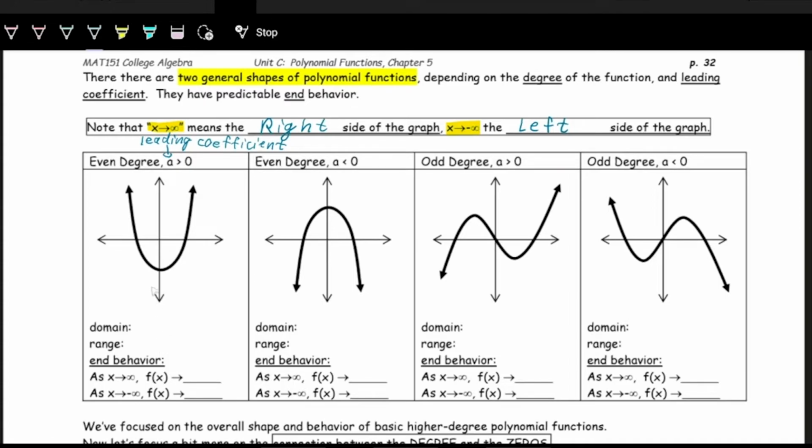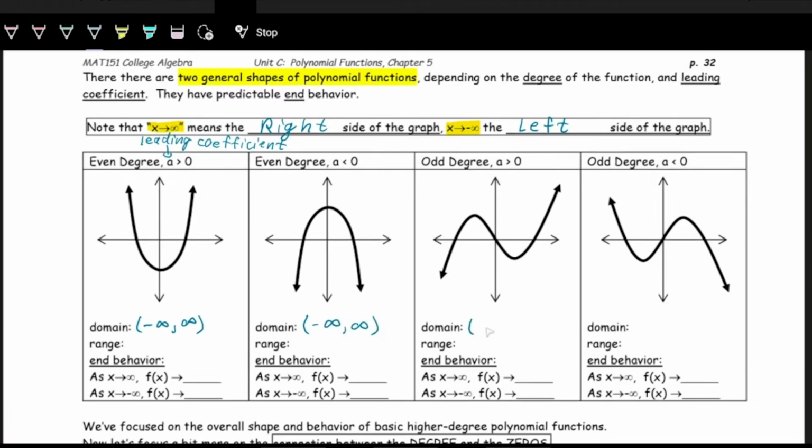And the domain here is always going to be negative infinity to positive infinity. And in fact, for all polynomials, we can plug in any number as our input. It doesn't matter what the number is. It could be 5, it could be negative 22, it could be the square root of pi. You can plug in any number you want. And so the domain is always going to be negative infinity to positive infinity.